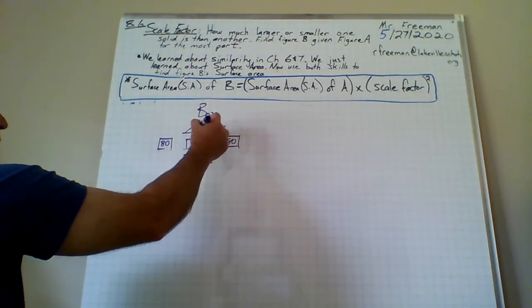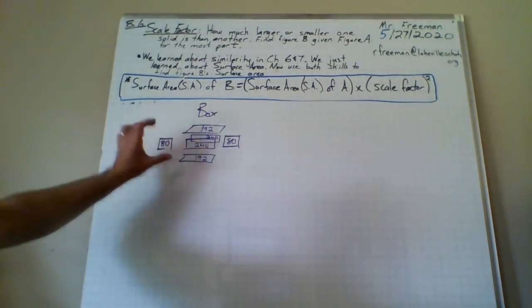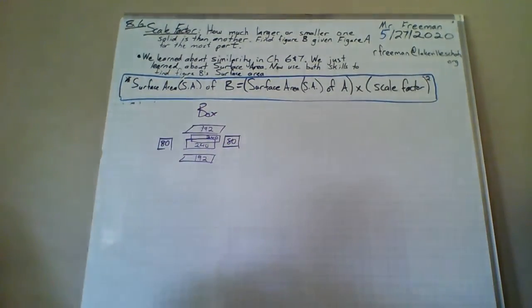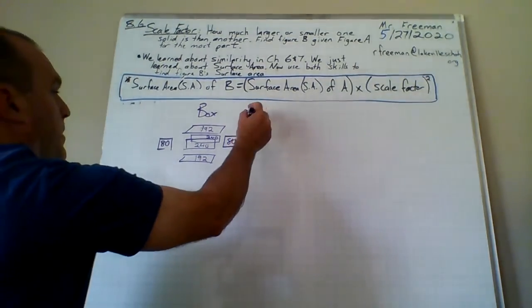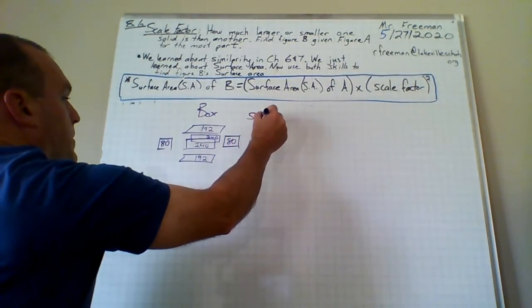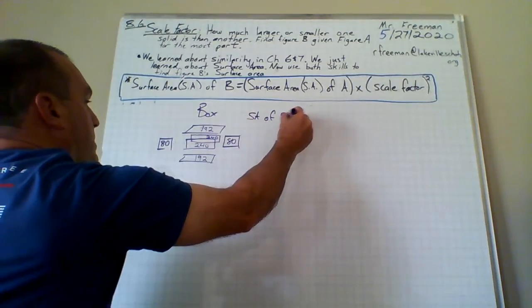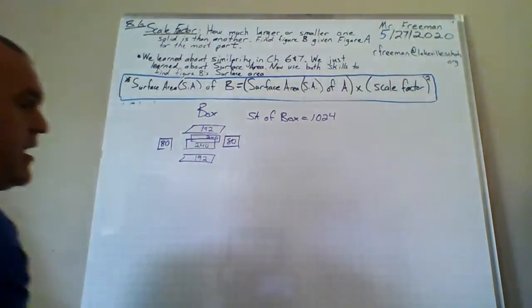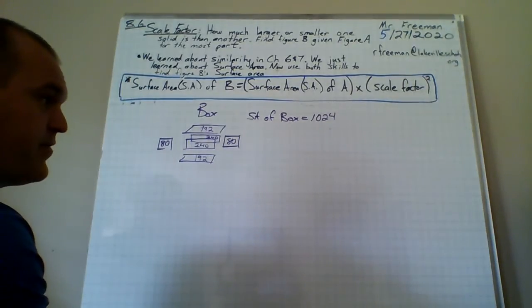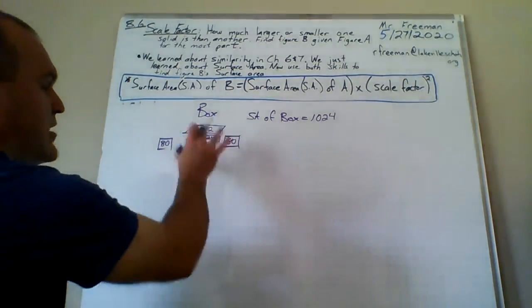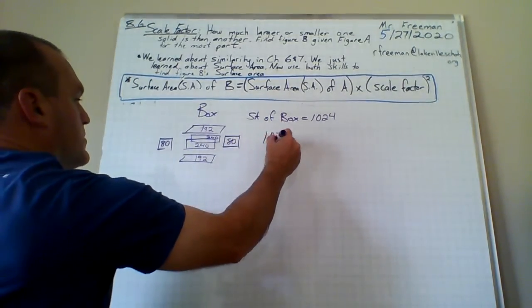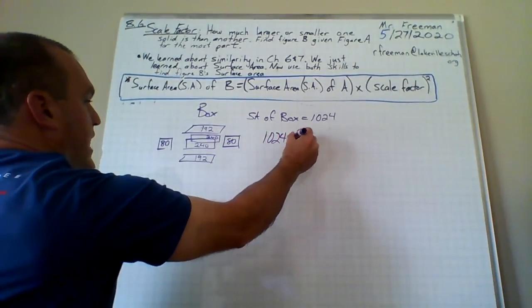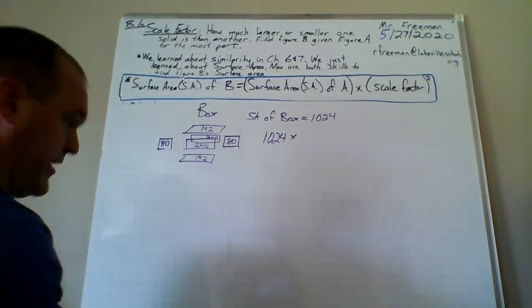And all I did there, guys, is take the area of all the rectangles around a box. Okay, when you add those guys up, you get 1,024. Okay, all of that adds up to 1,024. So if we have this, that's 1,024, and they give us the scale factor of 10 there.